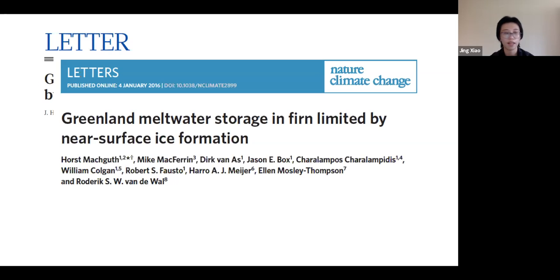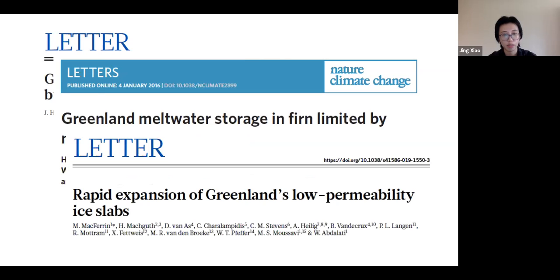This could shorten the estimated buffering time of the firn percolation. Later, in a recent paper from last year, Farring and others mapped and predicted the distribution of thick ice layers across Greenland using firn core data, radar data, and model simulations.